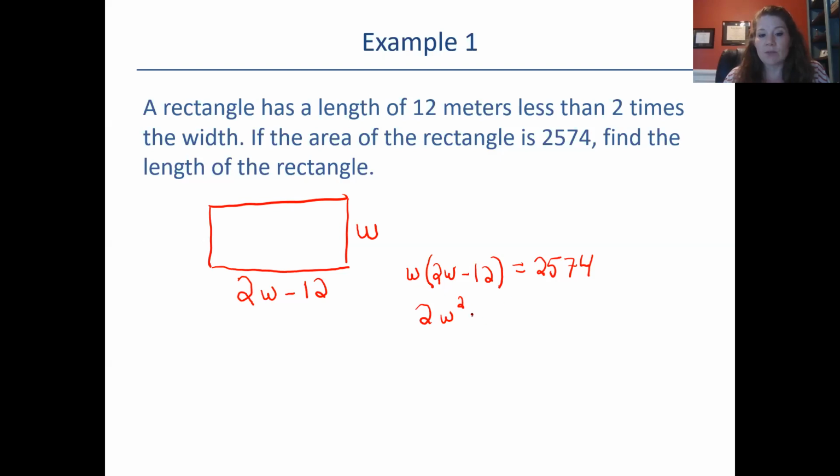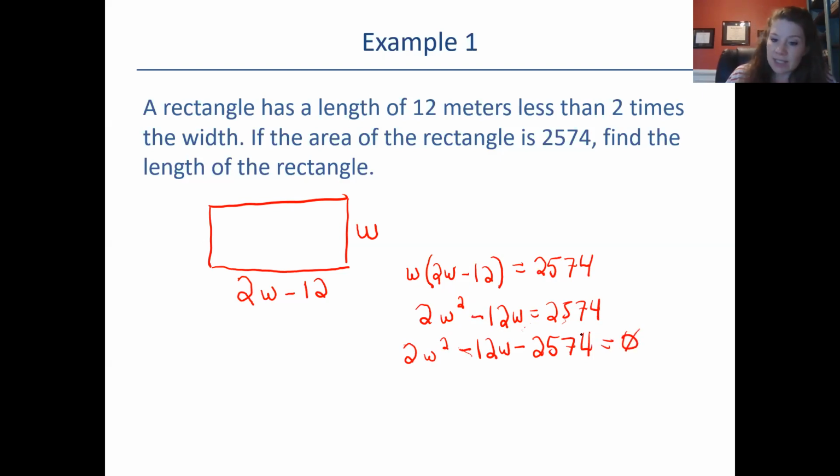W times negative 12 is negative 12W, equals 2,574. And this is a quadratic equation, so we want it to equal 0. So we're going to subtract 2,574 from both sides: 2W squared minus 12W minus 2,574 is equal to 0.